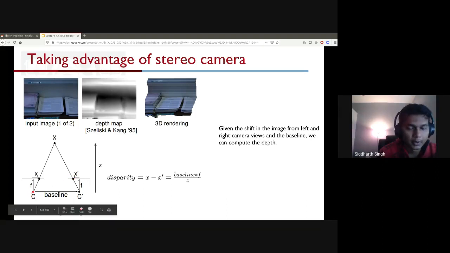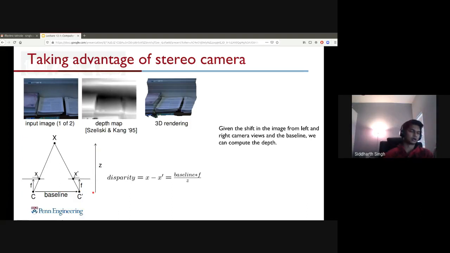So x minus x dash, and if I bring my F down here, this distance upon this distance is equal to this distance upon this distance. Just simple similarity of triangles. Even if you make this triangle and this triangle, it will give you the same result, right?